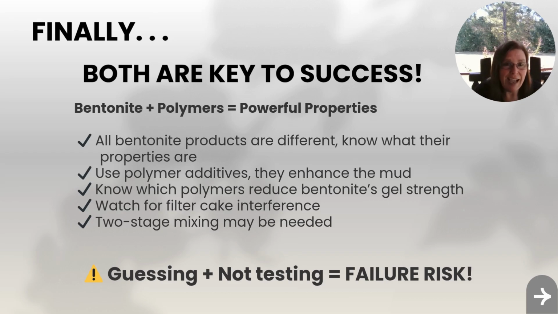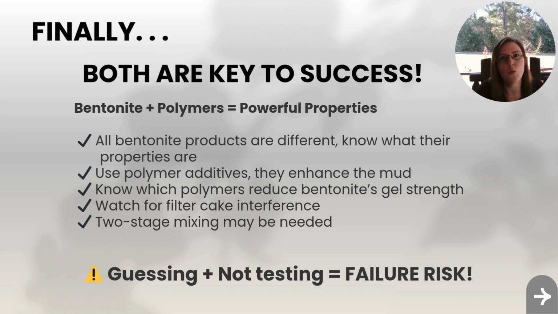Bentonite has to be selected based on the properties that you plan to build in with everything else. So again, if you're gonna have to put in some high viscosity polymers, maybe you don't start with a high viscosity bentonite. Maybe we start with a lower viscosity bentonite. It's things like that we need to think about. The polymers should also be enhancing that bentonite.